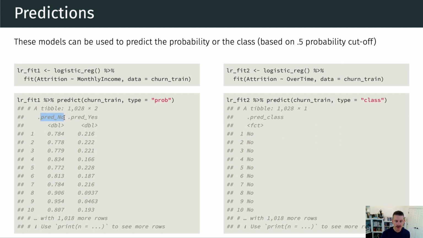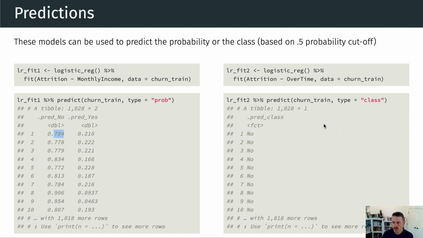One, the probability for not attriting or leaving, and the other one is the probability of leaving. Okay, so you can see that for the first employee, the probability of leaving is 0.216 or 22%. The probability of staying and not leaving is 78. Right, and we go right on down.